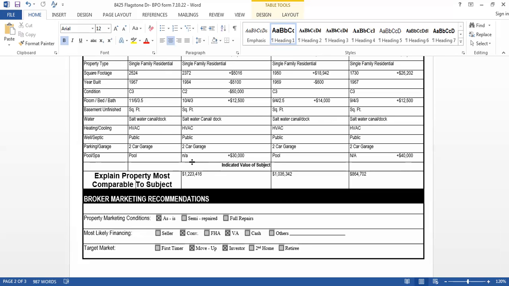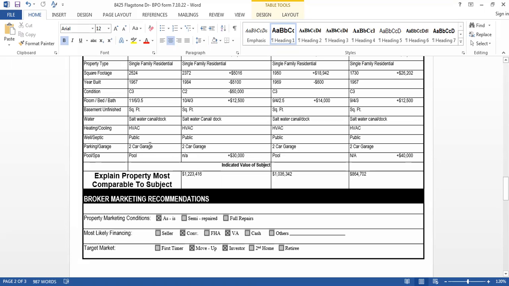It had window units, so you got to put that in there for the adjustment. So well or septic, public means it's using sewage, and it's using fresh water from the city. If it's not public and it has a well and a septic, then you want to make note, private or well septic. And there's adjustments for that as well.